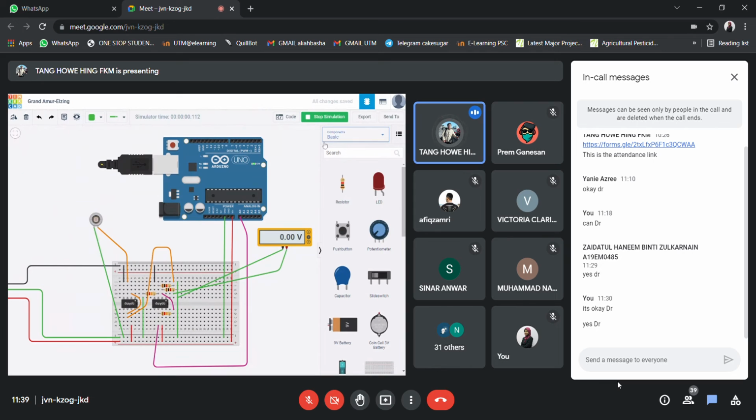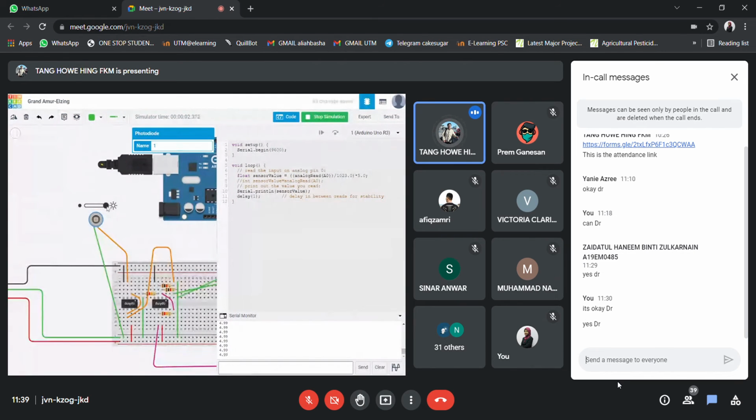Supposedly right now I'm getting back 4 millivolt. You can see that it has already been isolated. And for the coding, it's also 5 volt. But there is another problem as well.